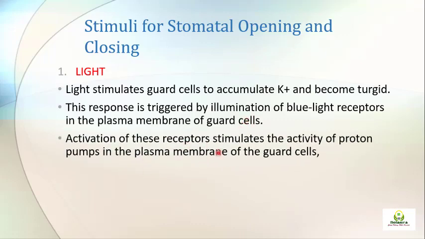Activation of these receptors stimulates the activity of the proton pump in the plasma membrane of the guard cells, in turn promoting absorption of potassium ions. So this is the role of light.